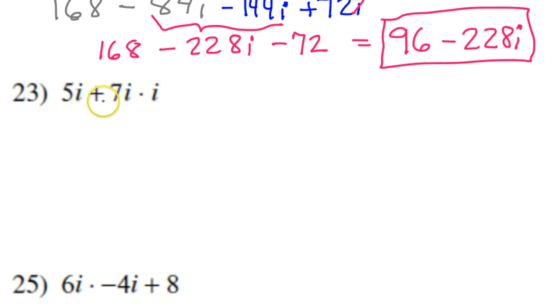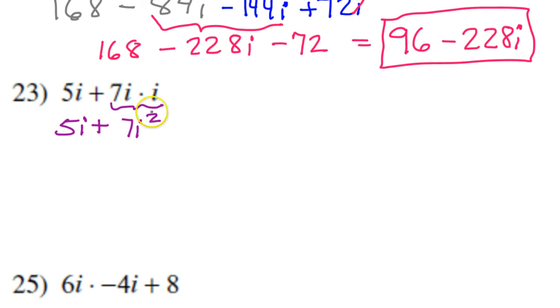All right, for number 23, you do have to remember the order of operations, because we've got addition and we've got multiplication. Multiplication definitely comes before addition, so you cannot add these and get 12. You have to multiply these first, so that's going to give us 7i squared. So I've got 5i plus 7i squared.